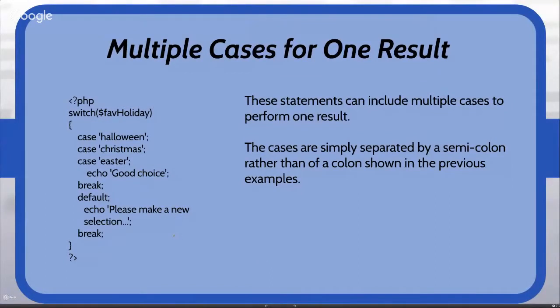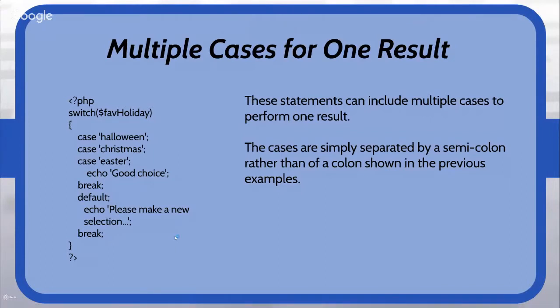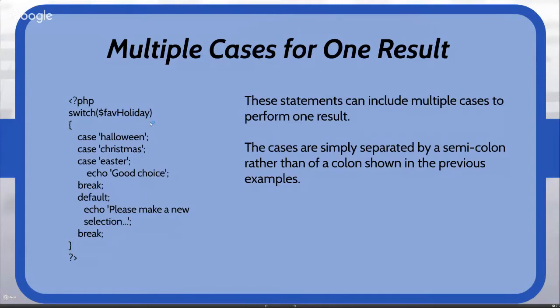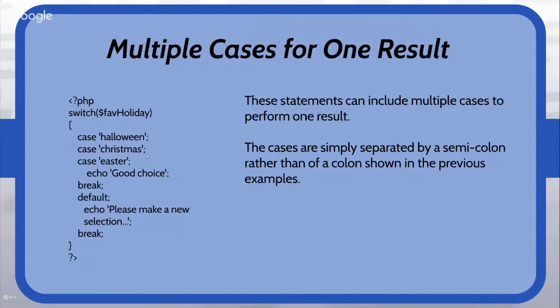A statement can actually have multiple cases to perform one result. So I have my switch statement, fave holiday. The cases are Halloween, Christmas, or Easter. If it matches up with Halloween, Christmas, or Easter, it's going to go ahead and echo good choice, and then it's going to break, exiting the switch.